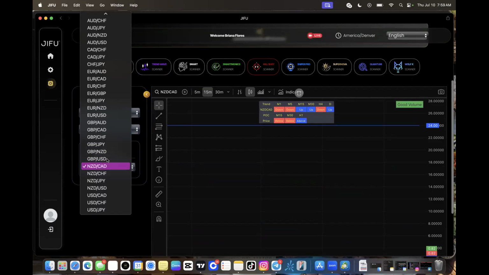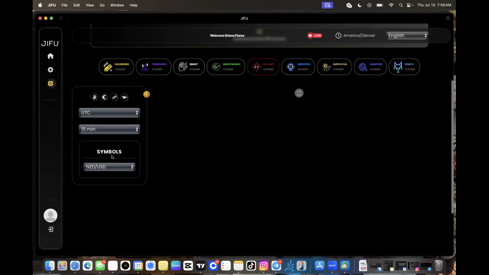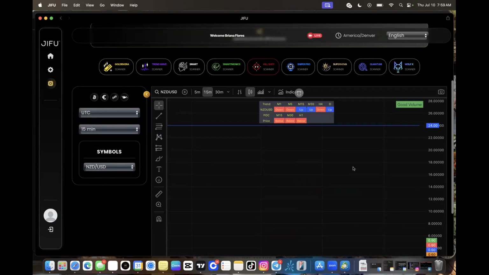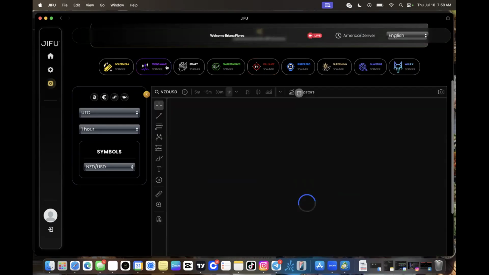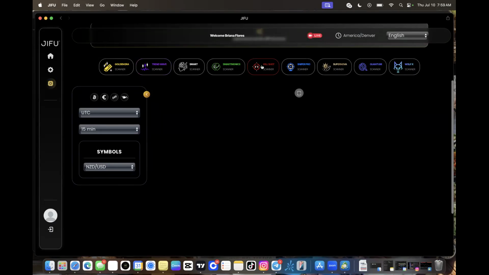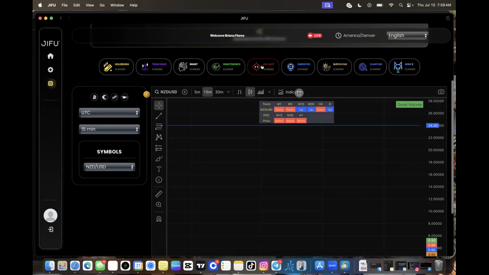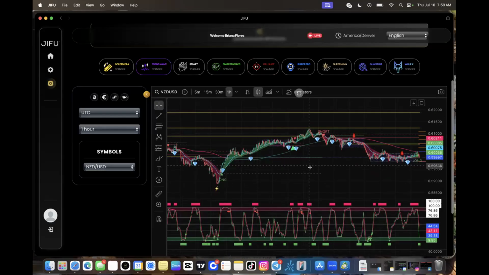All right. Nope. NZD USD. Oh, I forgot to go over, you do want to start over at trend wave, because something I've noticed for beginners is that you will see all of this blue, all of this red, and start overwriting the other confirmations. You want those other confirmations before you look at kill shot. Kill shot is the last thing you want to look at. That's why I always look at trend wave first.